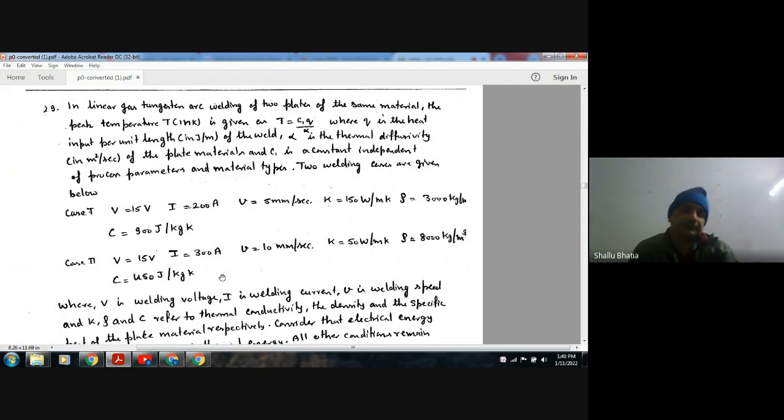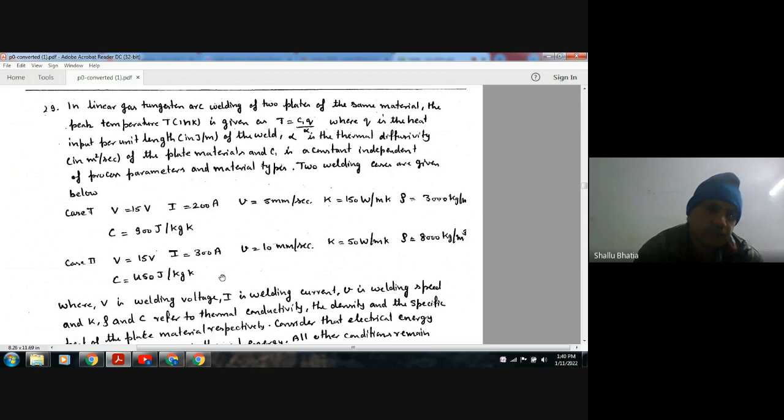Case 1: V = 15 volts, I = 200 ampere, velocity v = 5 mm per second, K = 150 watt per meter Kelvin, rho = 3000 kilogram per meter cube, C = 900 joule per kilogram per degree.